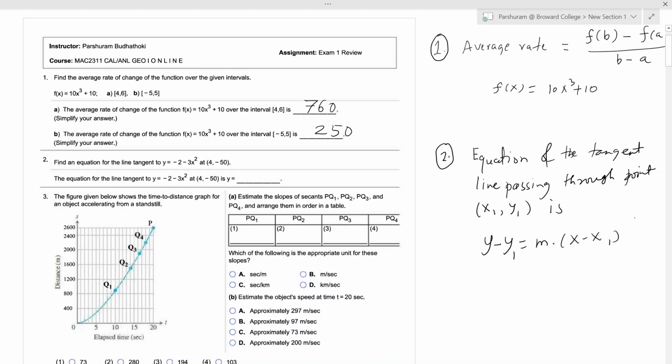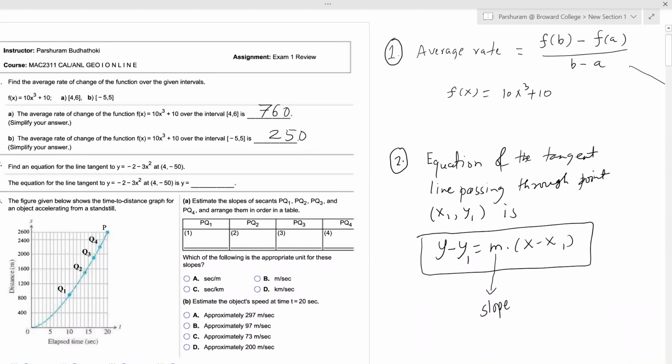So this is the equation of tangent line. We can use this equation to find out the tangent line. For this equation, you can see m is the slope of the tangent line, and x1 and y1 are the coordinates of a point where we're trying to draw the tangent line.